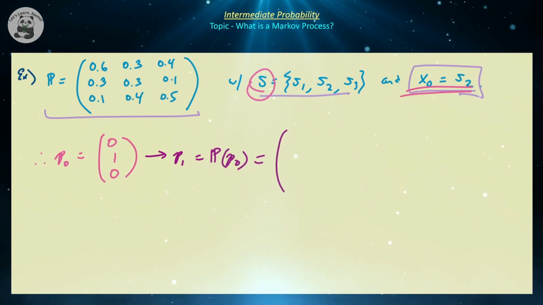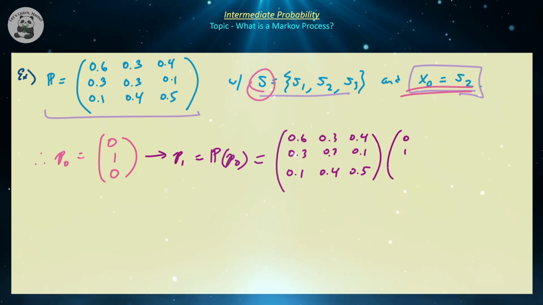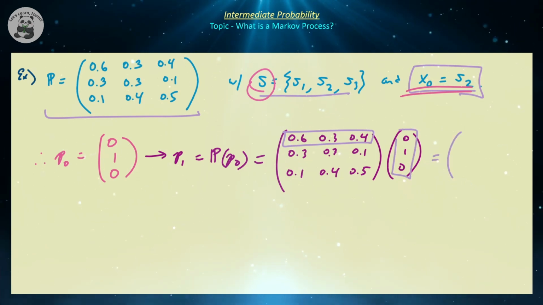Where I'm going to take our stochastic matrix, 0.3, 0.6, 0.3, 0.4, 0.3, 0.3, 0.1, and 0.1, 0.4, 0.5, and I'm going to multiply that by 0, 1, 0. So if I multiply this row vector by this column vector, what am I going to get? So 0 times 0.6 and 0 times 0.4 is 0. And we're just going to be left with 0.3.